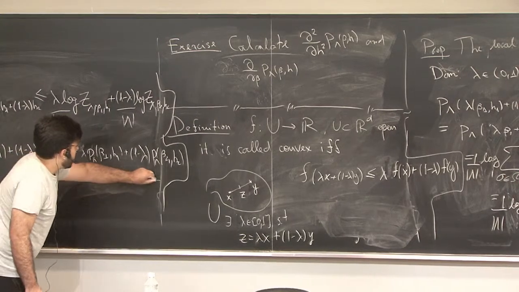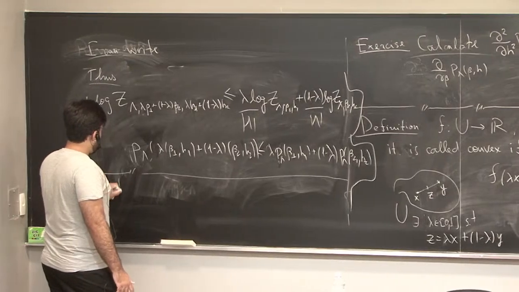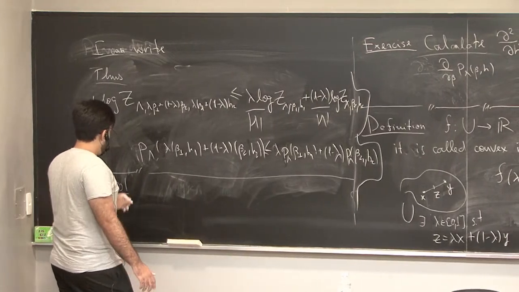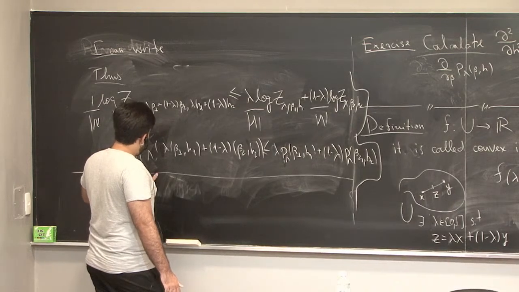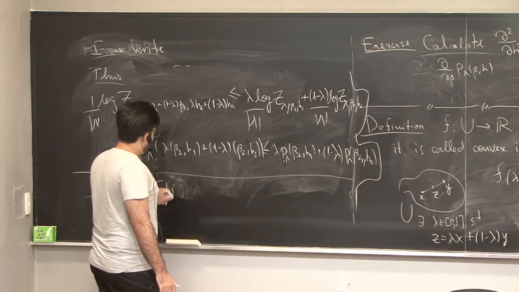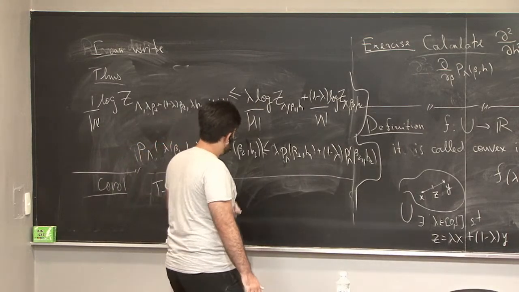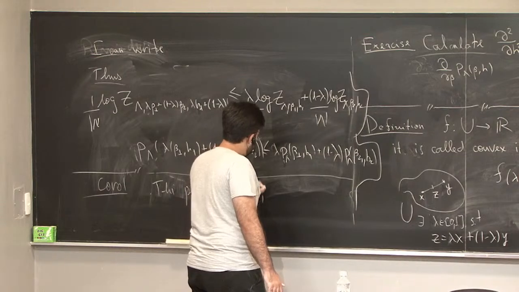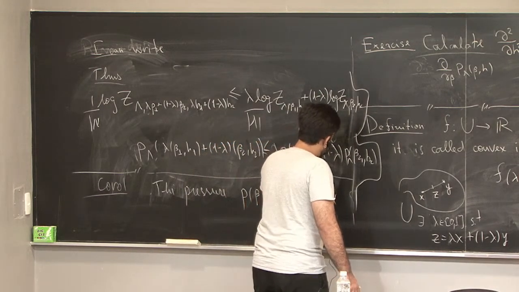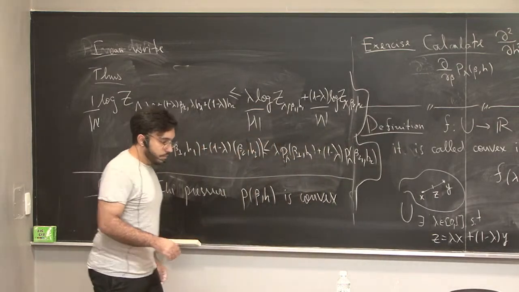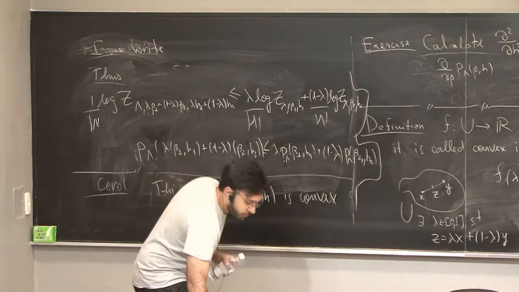So the first corollary that we get from here is that the pressure in the infinite volume, P of beta H, is convex.